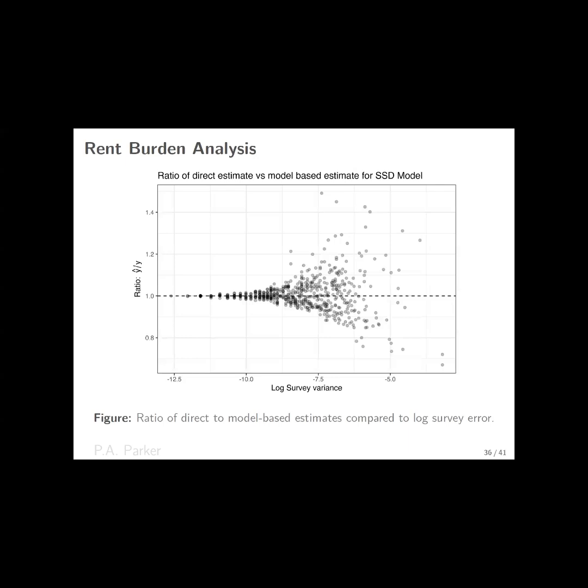And so you see, as we go towards the left, the survey variance is very small, and that ratio is basically going to 1. So we're basically giving the same weight to that direct estimate as the sample size becomes large or the survey variance becomes small. So we're just visually assessing that same property, which is a reassuring property when we look at any small area estimation model. We want to see something like that.